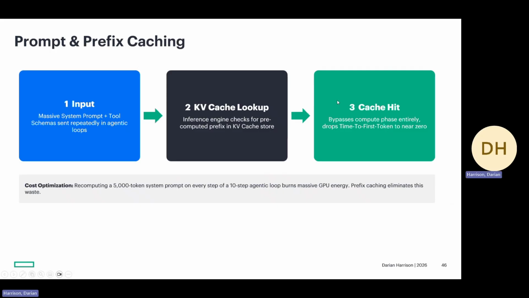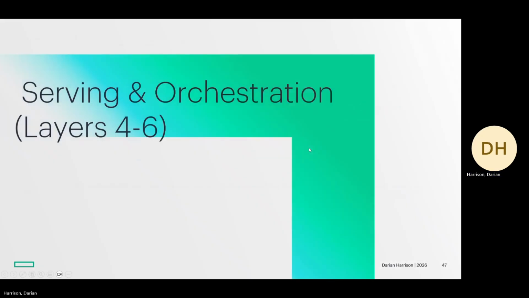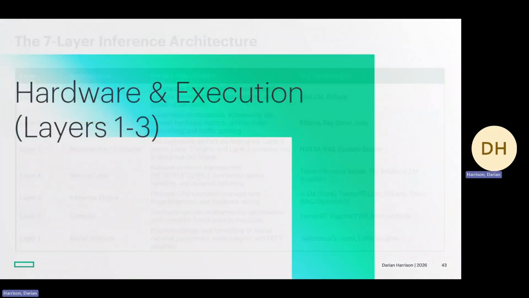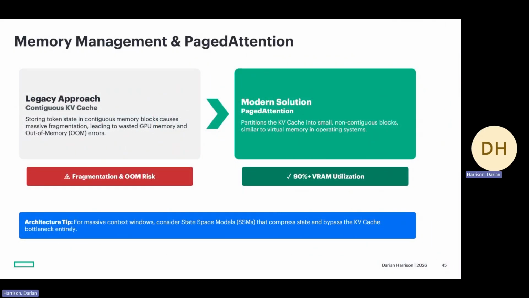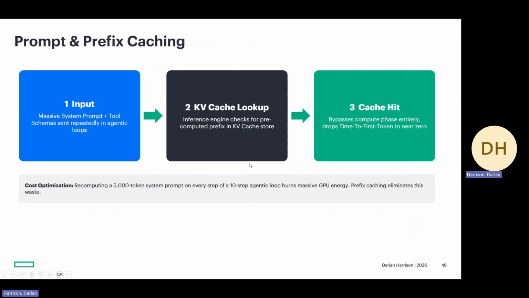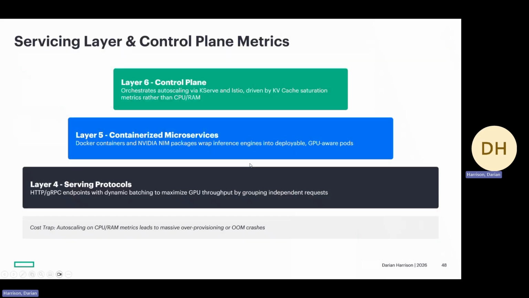So layers 1 through 3 are pretty much this: the engine, the runtime, and some ideas to optimize it. Now, what do layers 4 to 6 look like? We talked about KServe up here. It's basically going to route traffic to wherever the models are being served.